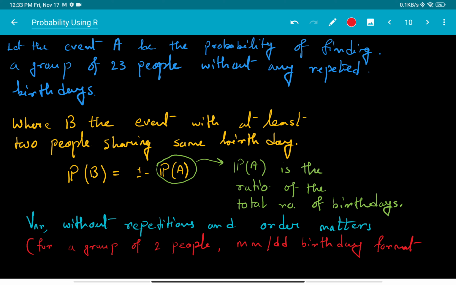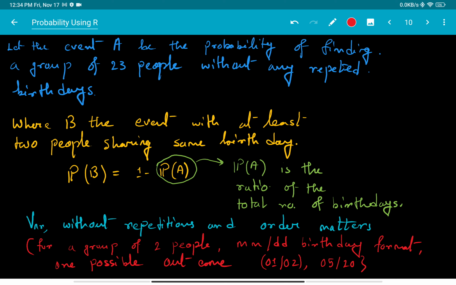One possible outcome could be, suppose, 0101, 0102, comma, 0520, and so on.